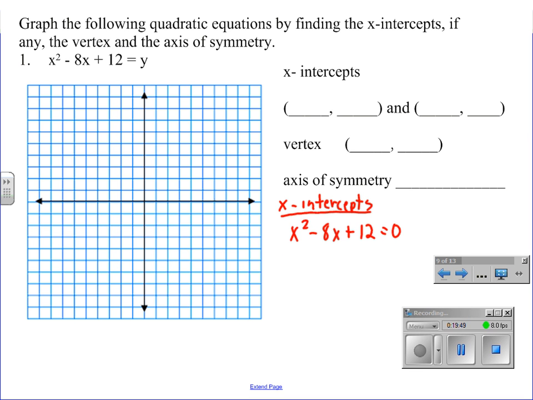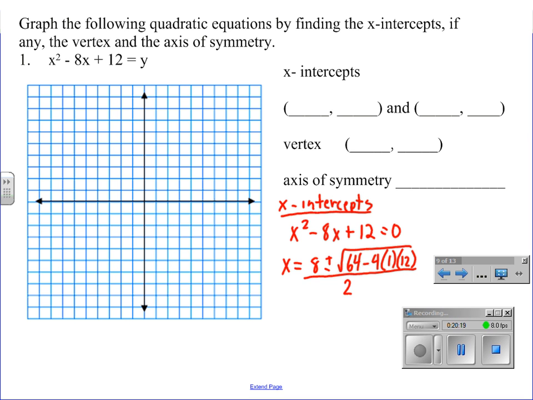x is going to equal, what's the opposite of b? 8. Plus or minus the square root of b squared, 64, minus 4, a is 1, c is 12, all over what? 2a, which is 2 times 1, which is 2.